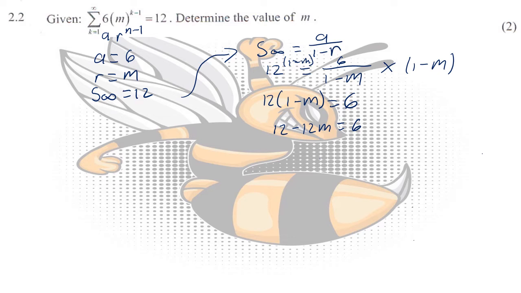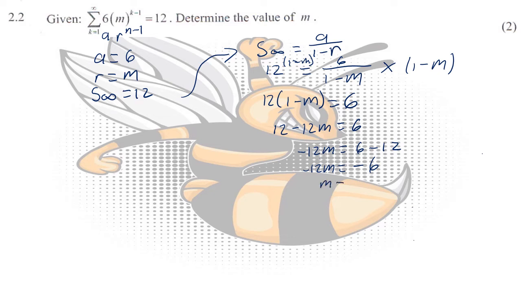So we start by isolating like terms on the different sides of the equation. So it's going to be minus 12m equals 6 minus 12, which is then minus 12m equals minus 6. We divide on both sides by minus 12.